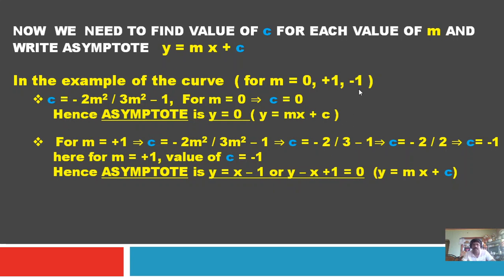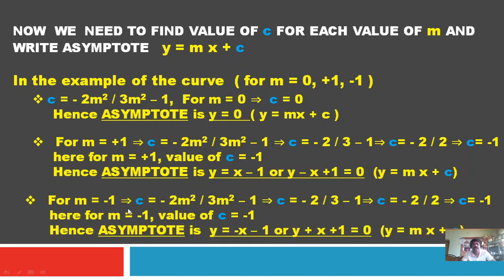Similarly, we find the value of c for m equals minus 1. For m equals minus 1, substitute again in c equals minus 2m square divided by 3m square minus 1. This is again in the form of minus 2 divided by 2, so c equals minus 1. Simple arithmetic calculation.